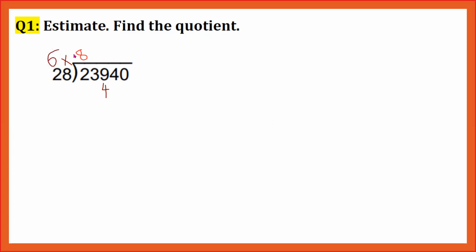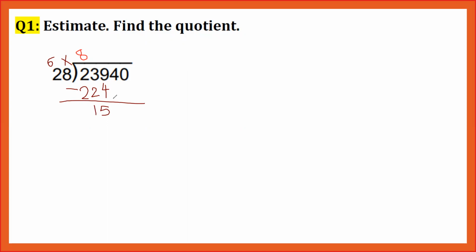Then we are going to multiply 8 by the tens. 8 times 2 is 16, plus 6 is 22. So I will write down here 22. Then I will subtract. 9 minus 4 is 5. 3 minus 2 is 1.